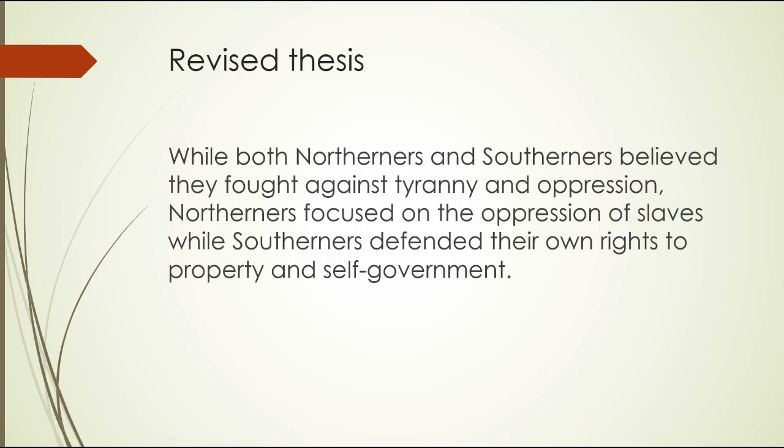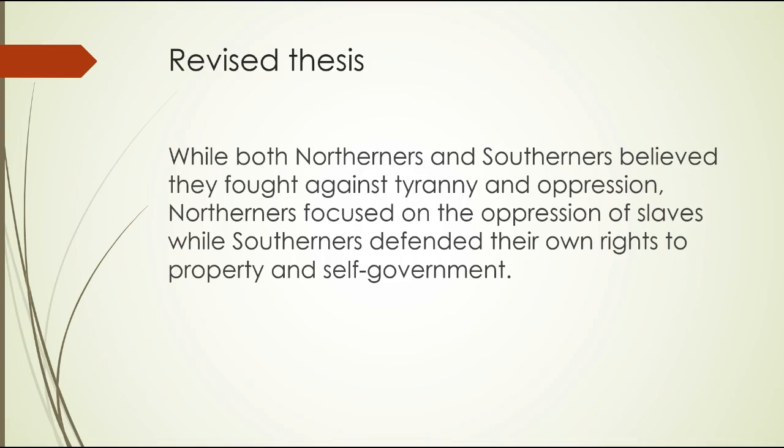Now you write, while both Northerners and Southerners believed they fought against tyranny and oppression, Northerners focused on the oppression of slaves while Southerners defended their own right to property and self-government. Compared to the original weak thesis, the final thesis presents a way of interpreting evidence that illuminates the significance of the question.